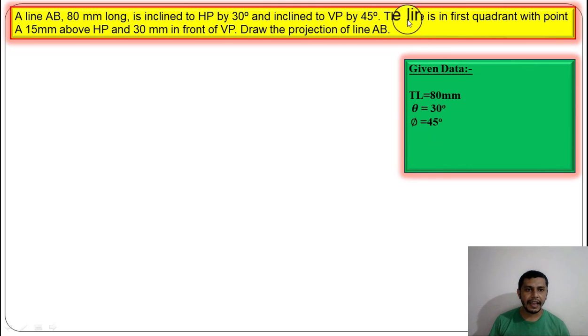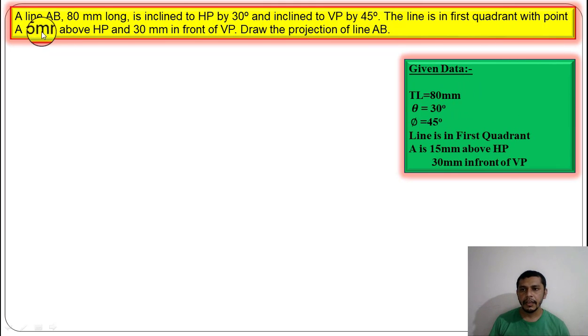Here we can see that the line is in the first quadrant. First quadrant means the line is above HP and in front of VP. So the point A is 15 mm above HP and 30 mm in front of VP.